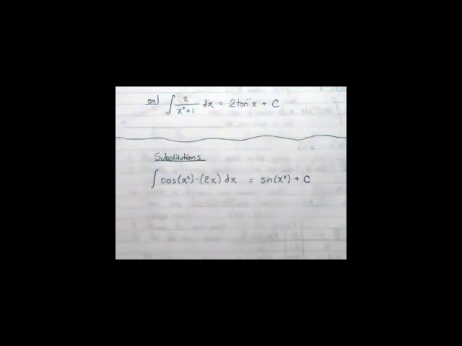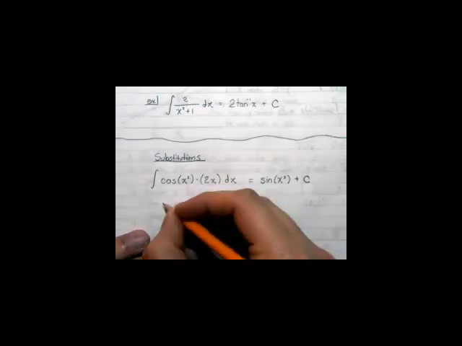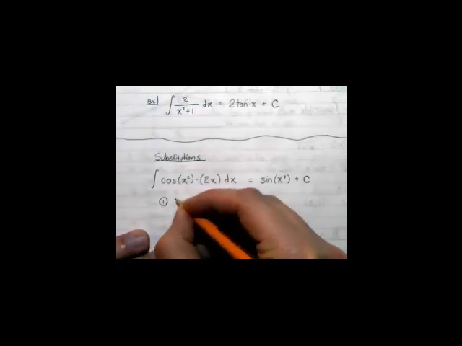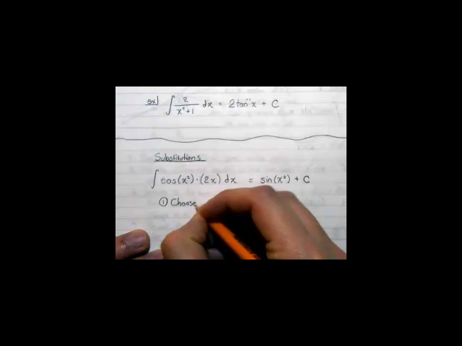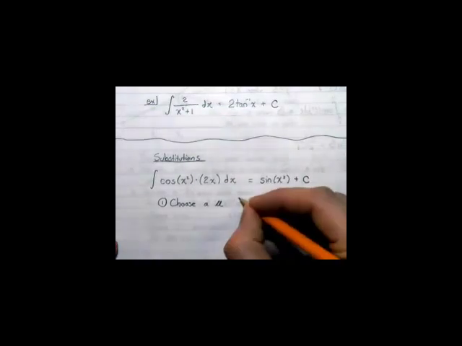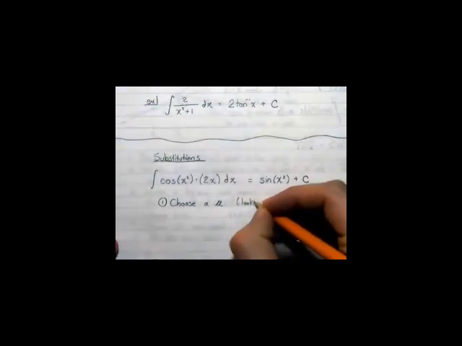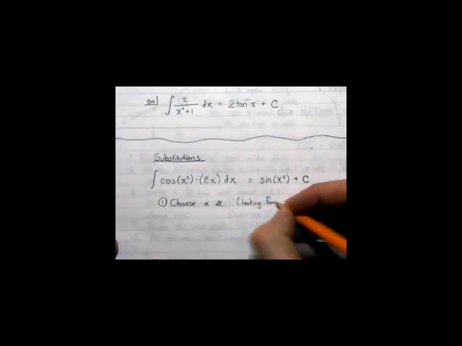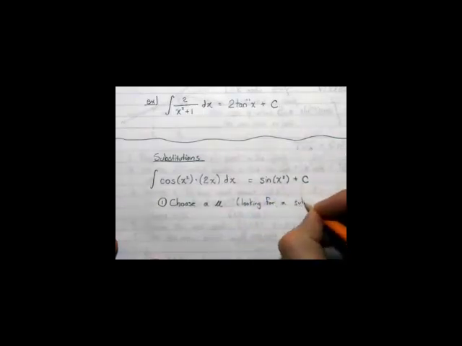without having to guess and check every time? Okay? So in doing a U substitution, you want to look at what has been substituted in. Okay? So step number 1 is going to be choose a U. And you're going to choose that by looking for a substitution that took place.